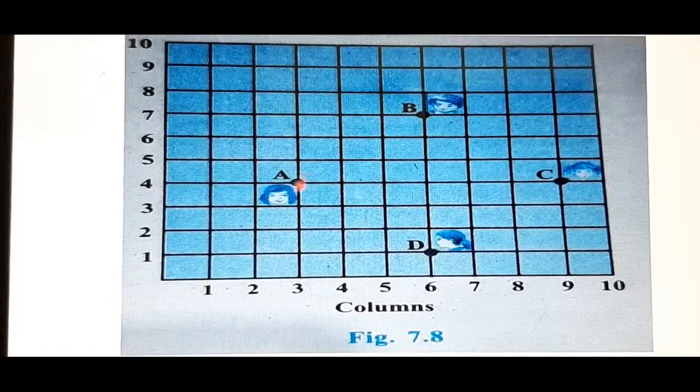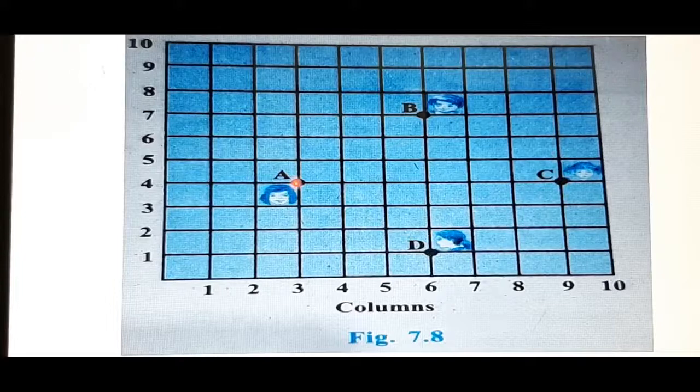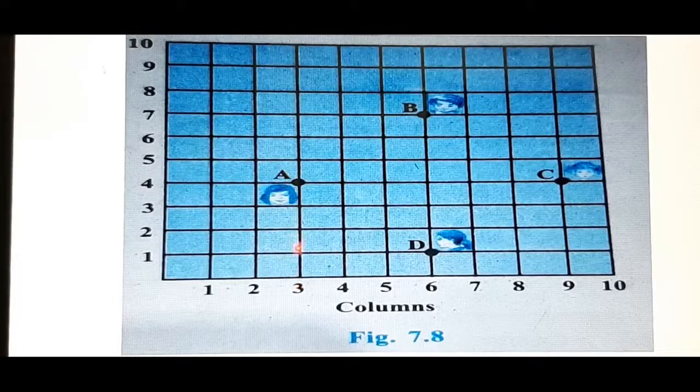You can see this is point A, this is point B, this is point C and D. Let's find out the coordinates of all the points. So A, just opposite, you have to look at the x-axis in order to find the value of the abscissa or x coordinate. If you go downward straight, you can see it is 3.